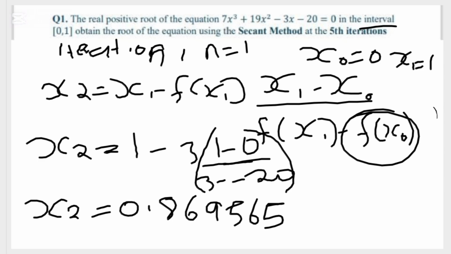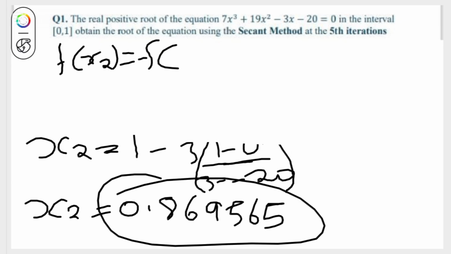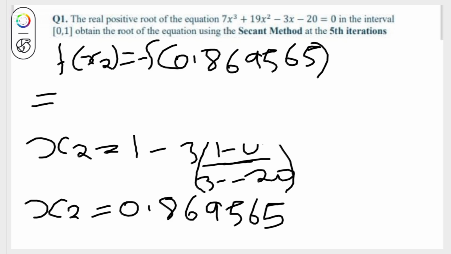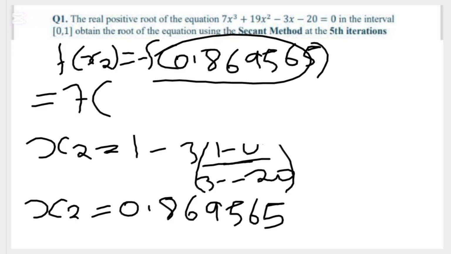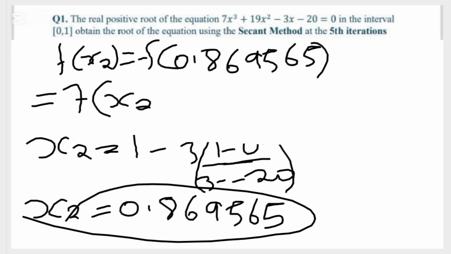So I'm going to find the function of x2 itself. The function of x2 is the same thing as the function of this answer, 0.8695 65. So I'm going to substitute. Instead of putting x, I'll put this value of x2.